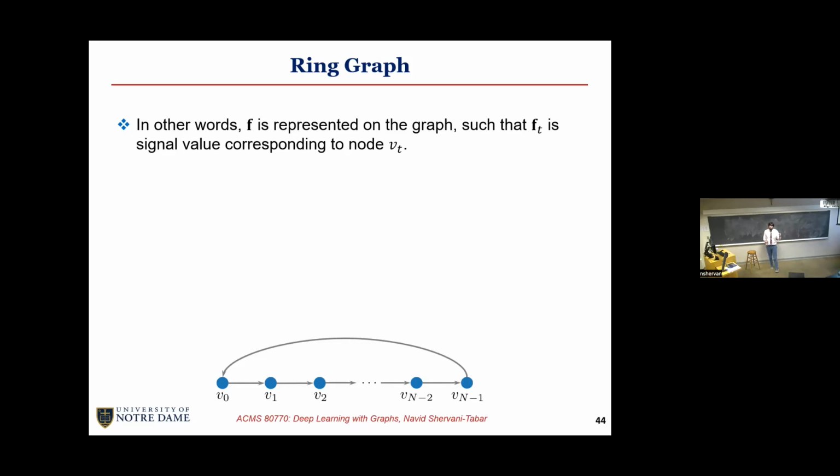Each point on this image has a pixel value corresponding to each grid point, right? So you can think about it the same way. This is just a vector. Now you have an n by n image, for instance, that is represented on the graph. Same idea: we are representing a vector f on this graph, which has n nodes, and it is a ring graph, a circular graph.